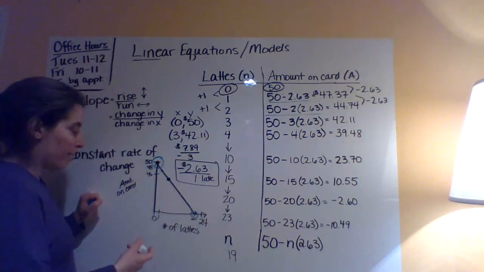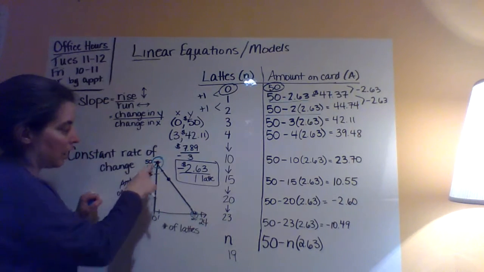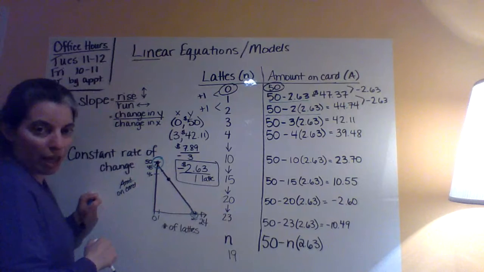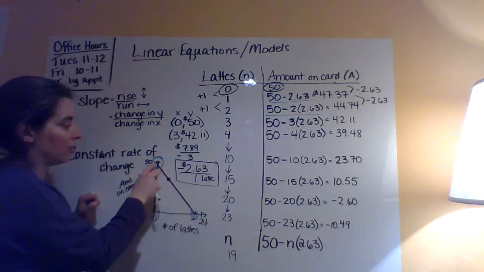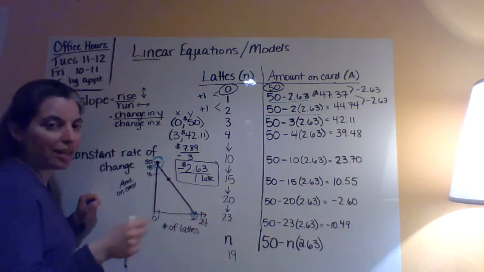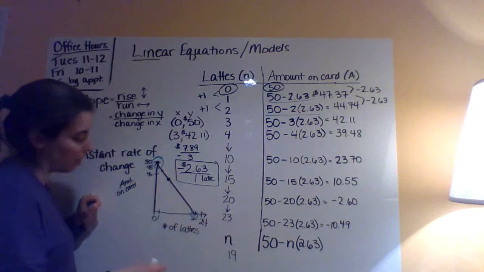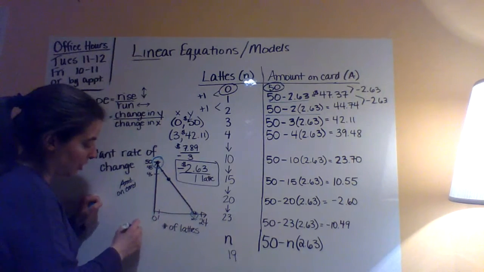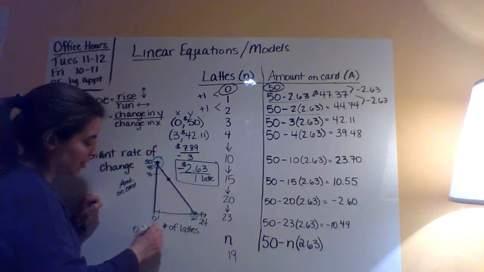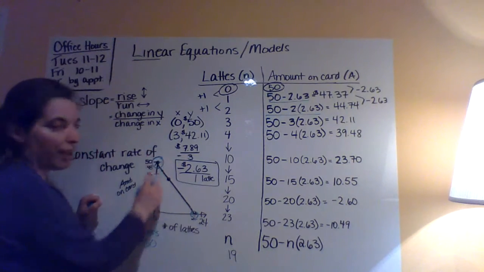So if we talk about, in this case, the vertical intercept, we want to know more than just that it's 50, right? We want to know, in the context of this problem, what does that mean? Well, that means that for 0 lattes, you still have $50 on your card. That's the starting value on your card.